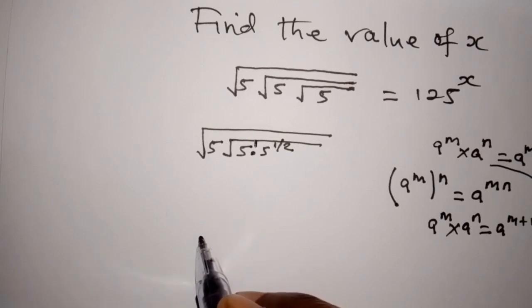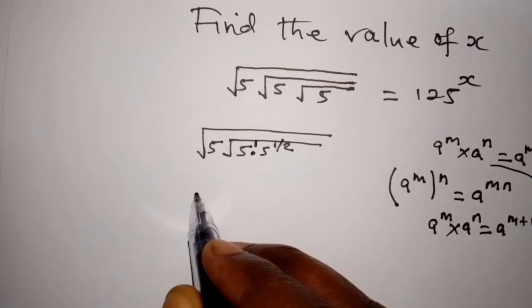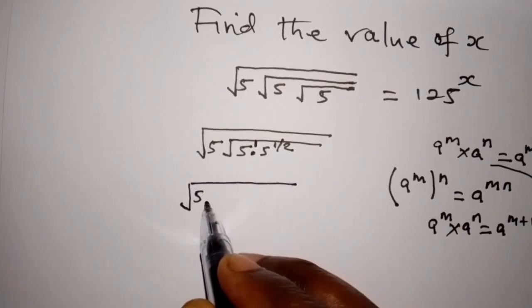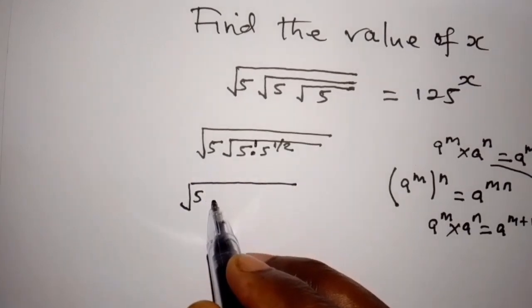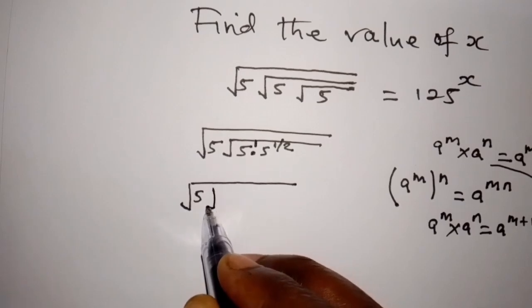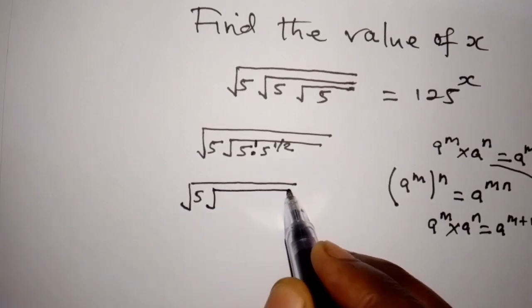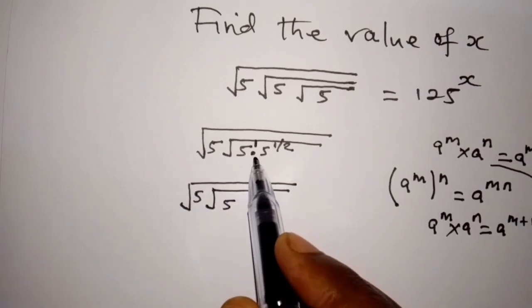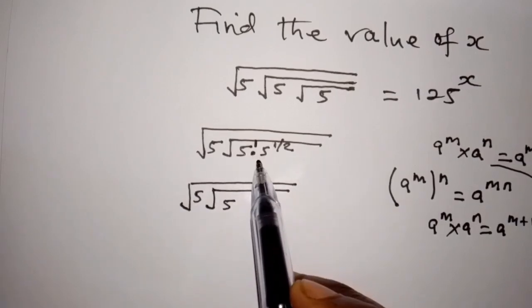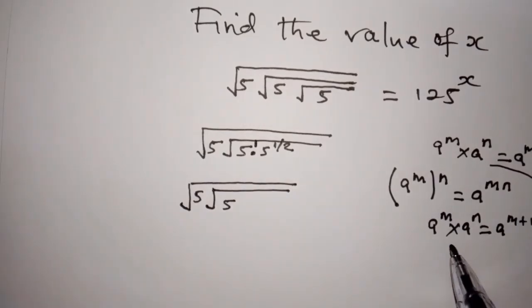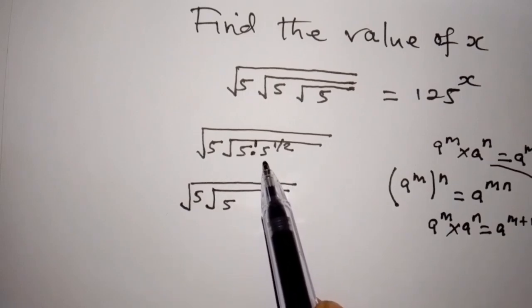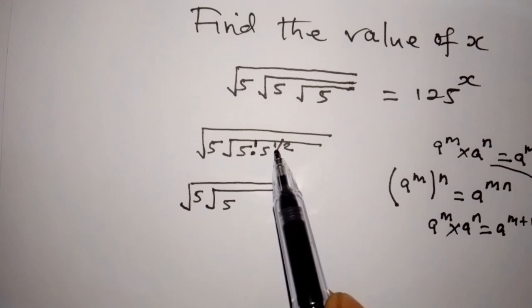So now we have square root of 5 into square root of 5 power 1. 5 power 1, according to this rule here, we can write it as 5 power 1 times 5 power 1 over 2.